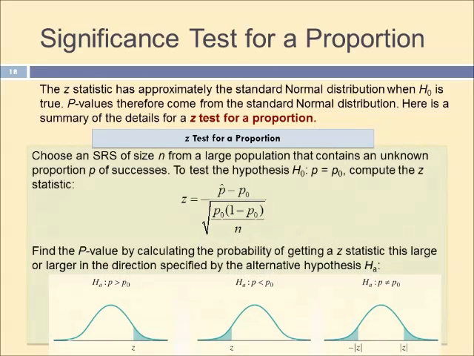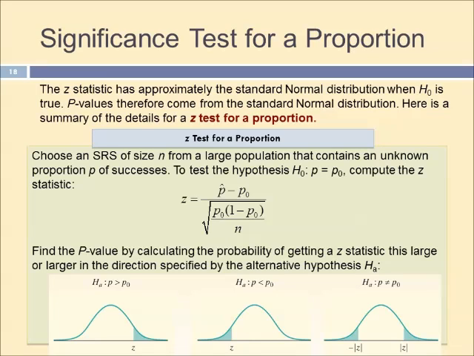We choose a simple random sample of size n from a large population that contains an unknown proportion of successes. To test the null hypothesis that the population proportion equals some value, we calculate the z-statistic in this way.